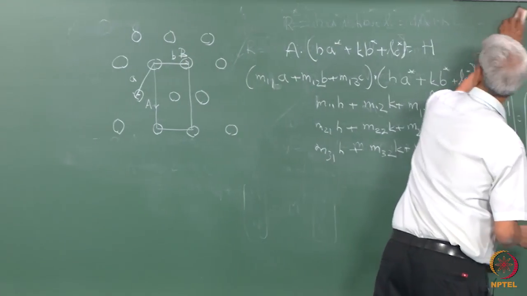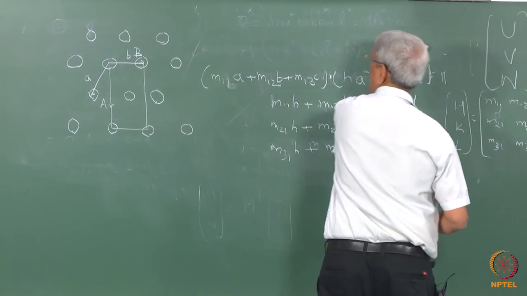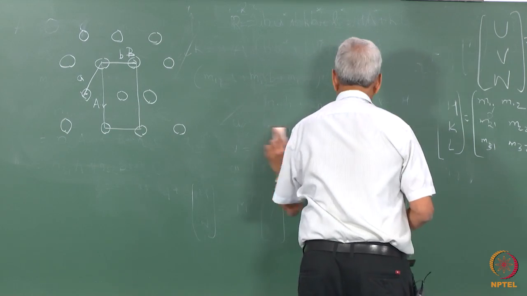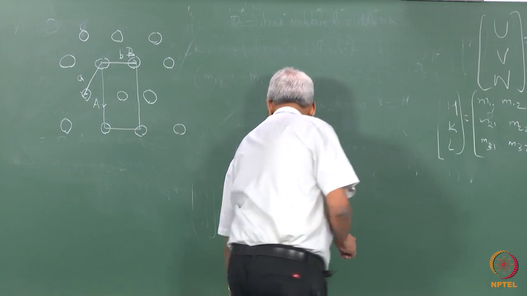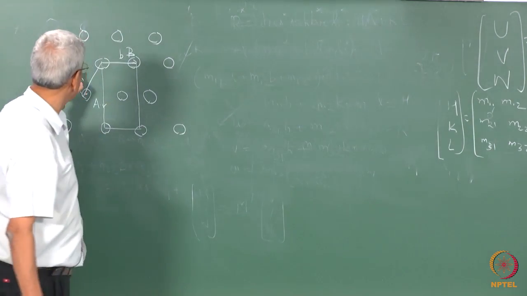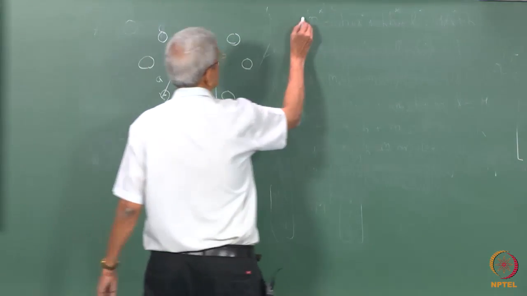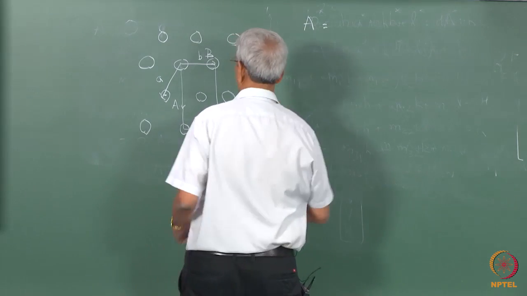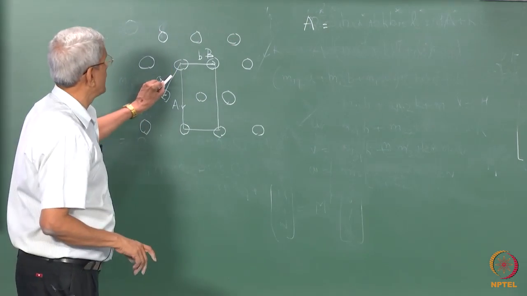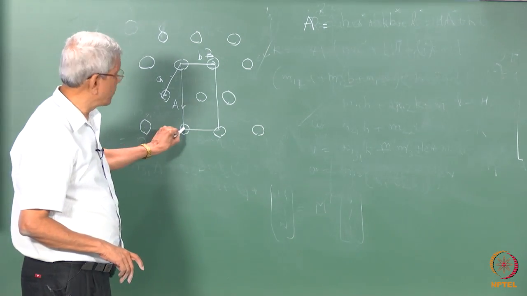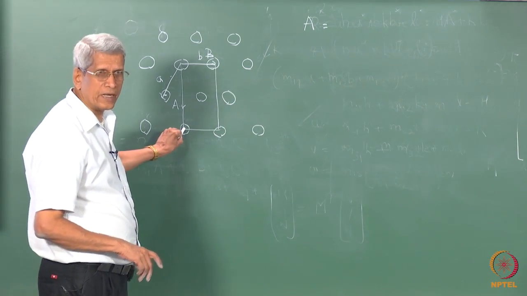Now what will happen in this case? If we try to represent A in terms of the new system, A will be equal to 2 times A plus B, correct?